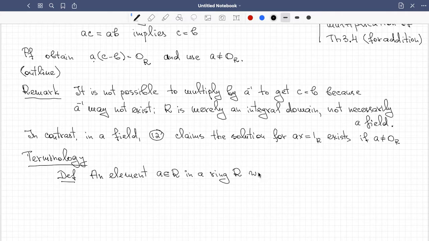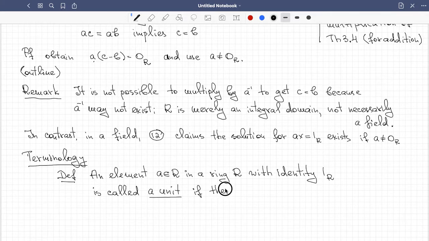In a ring R with identity 1R, an element A is called a unit if there exists an element U in the ring such that AU is 1 in the ring, same as UA.